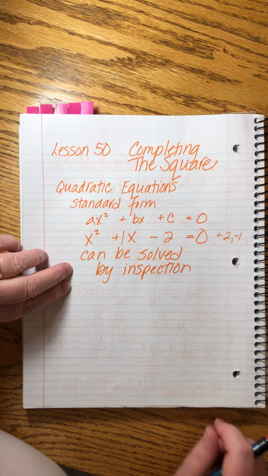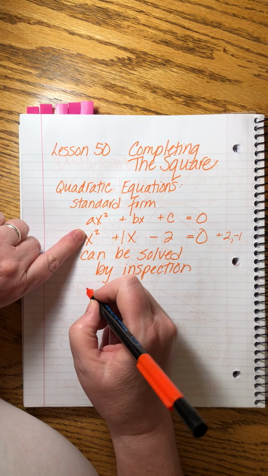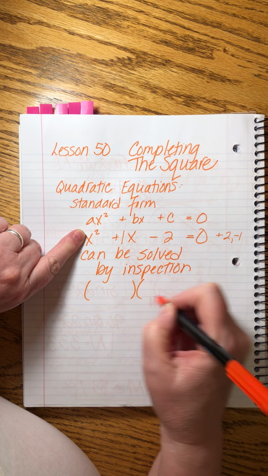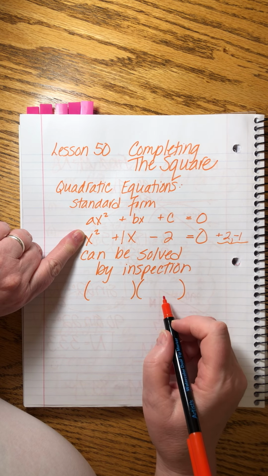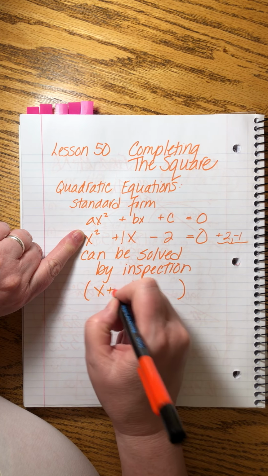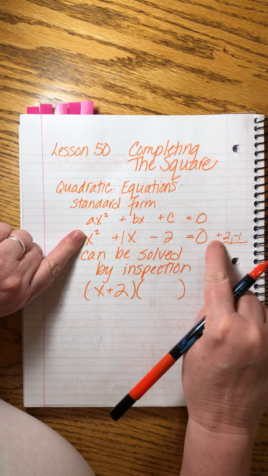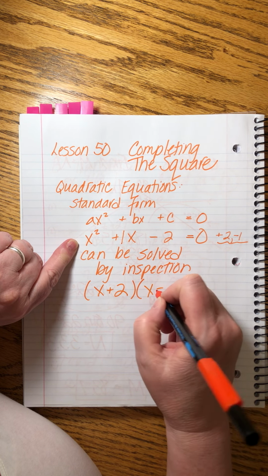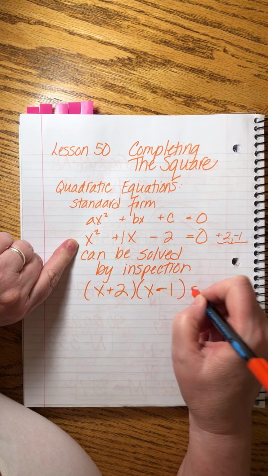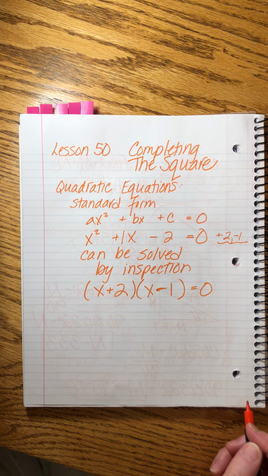So then what we do is we change this into a pair of binomials, and we use this information to help us. So we have x plus 2. Remember, this is just an art project. We just take this and fill in. We always put the x's in the beginning. X minus 1, and we say it's equal to 0.